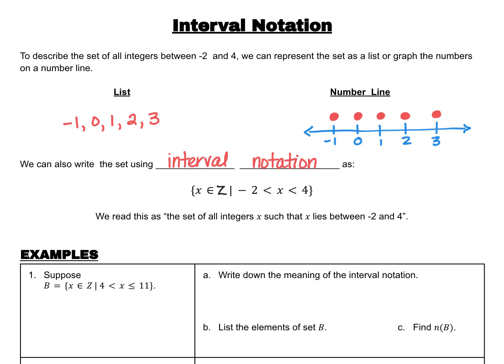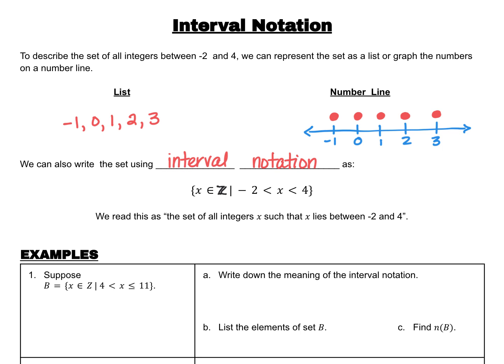It's saying that X is going to be the set of all integers. Remember that little ∈ means element or member. So X is going to be any integer, or the set of all integers.